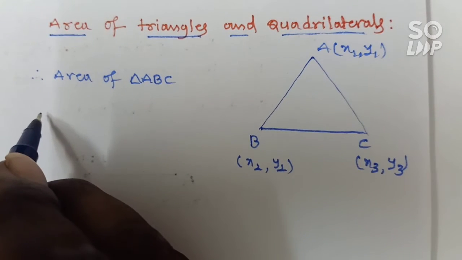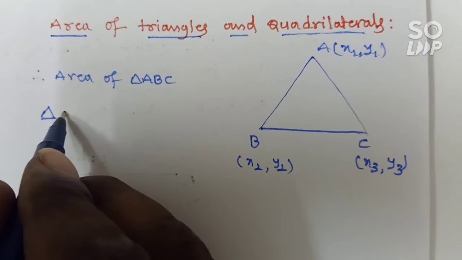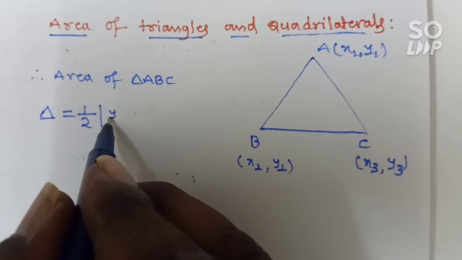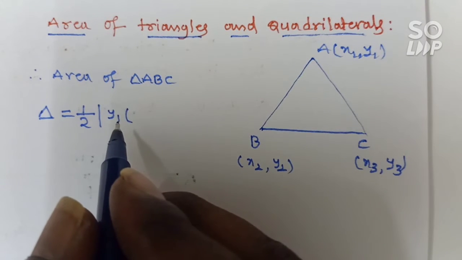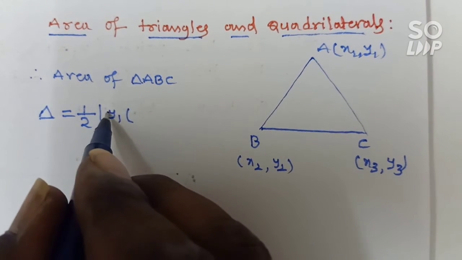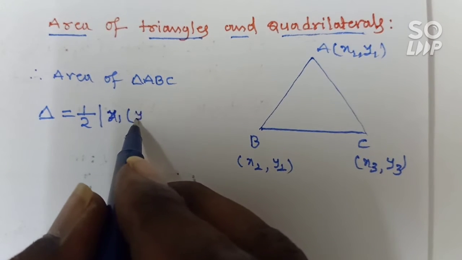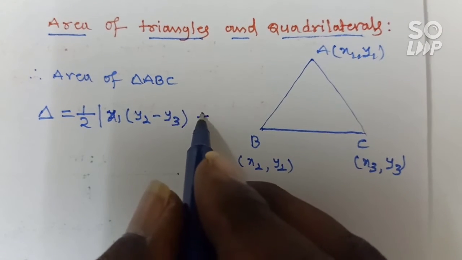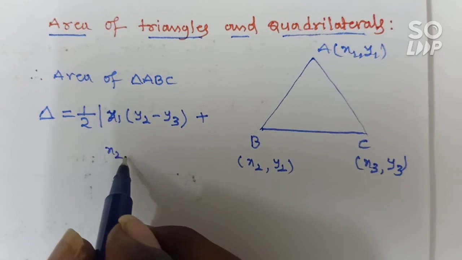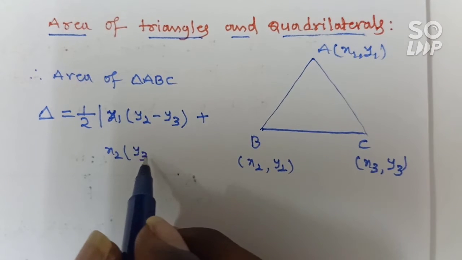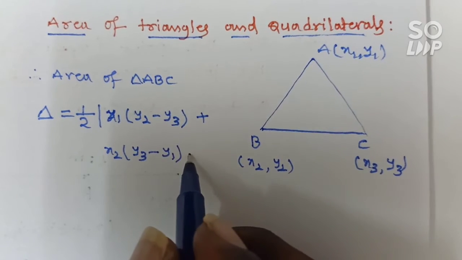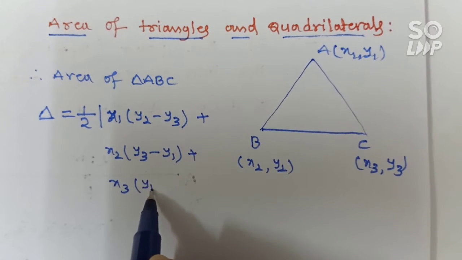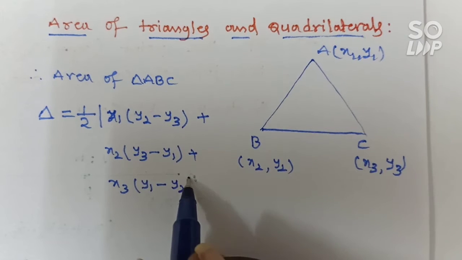In the lower classes we know that delta is equal to half into the modulus of x1 into (y2 minus y3) plus x2 into (y3 minus y1) plus x3 into (y1 minus y2).